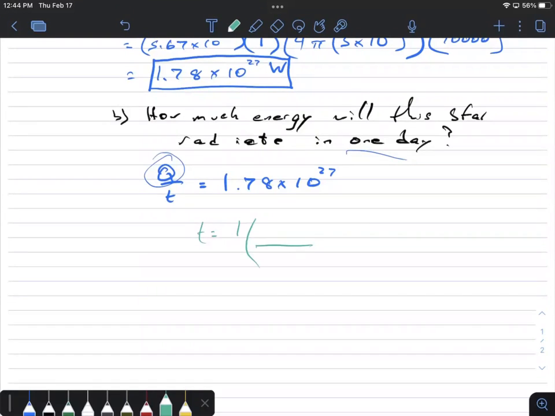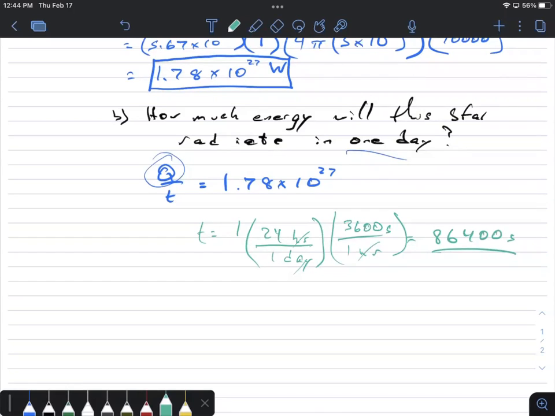In 1 day, there's 24 hours, and in 1 hour, there's 3,600 seconds. So if I do this little calculation, 1 times 24 times 3,600, I get that in 1 day, there's 86,400 seconds.